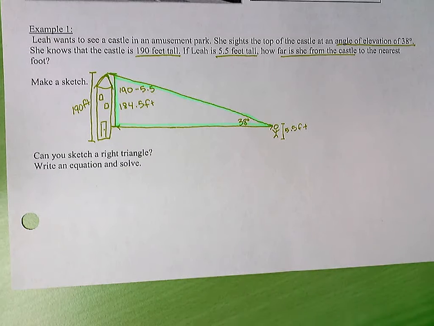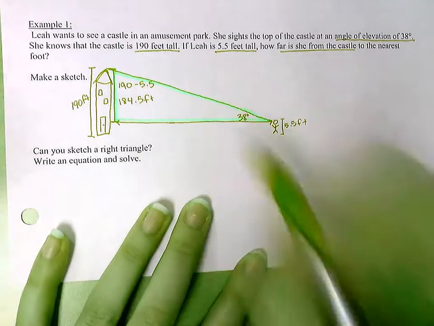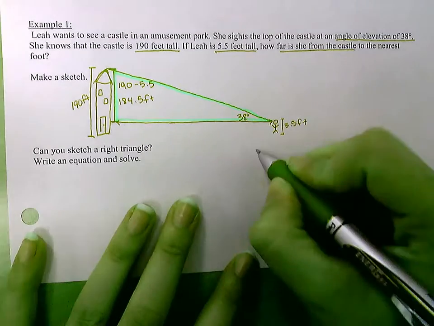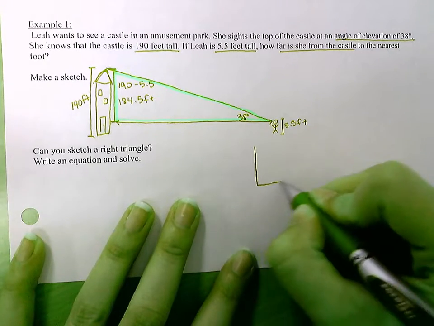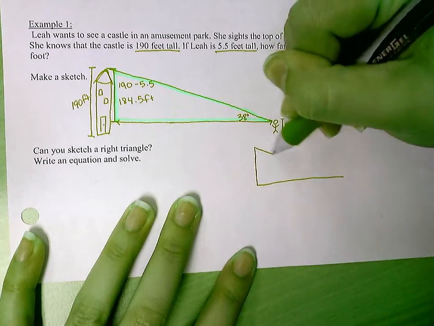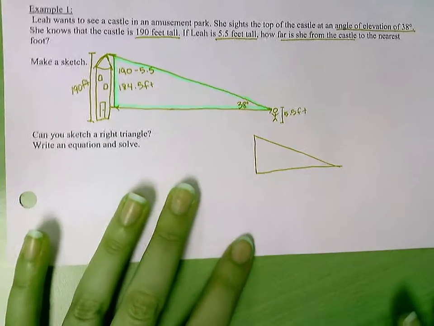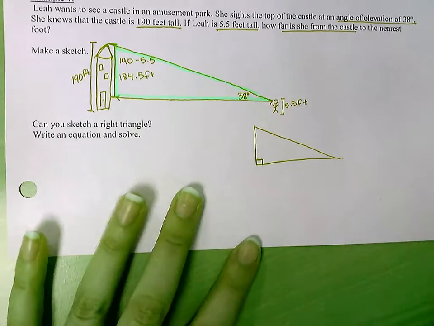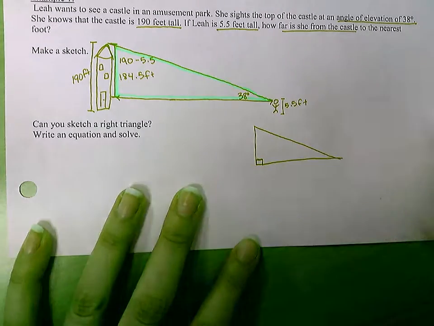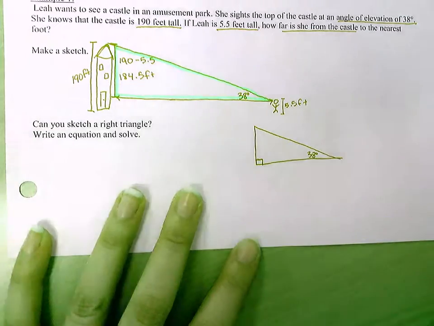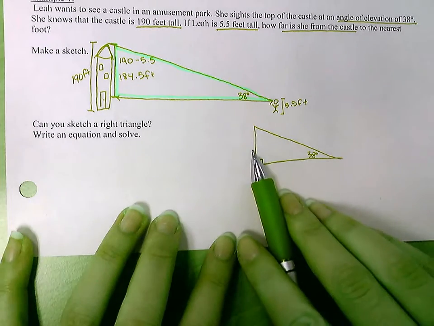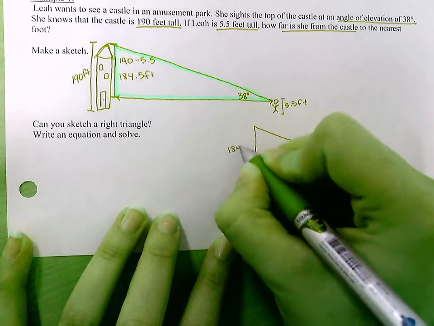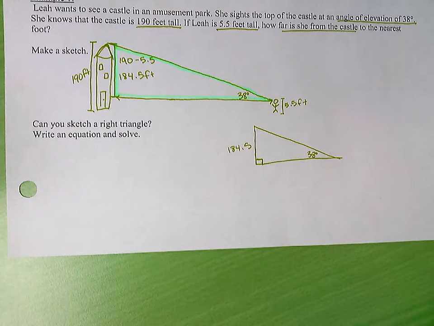Now, if it's too hard to read with all of the picture and everything, off to the side, you can sketch a new right triangle given the measurements you know now. So if I have that same right triangle here, it's not perfect, but it's fine. Here's my 90-degree angle. I know this angle is 38 degrees. And I know this side is 184.5 feet.